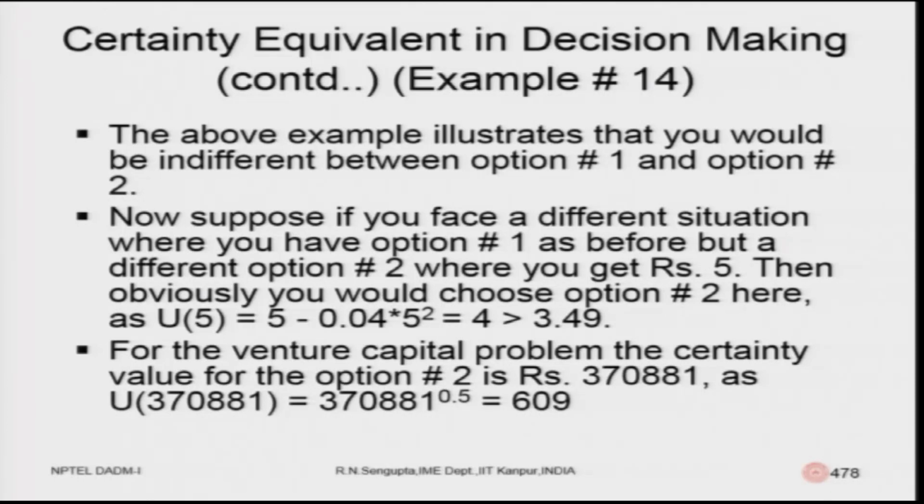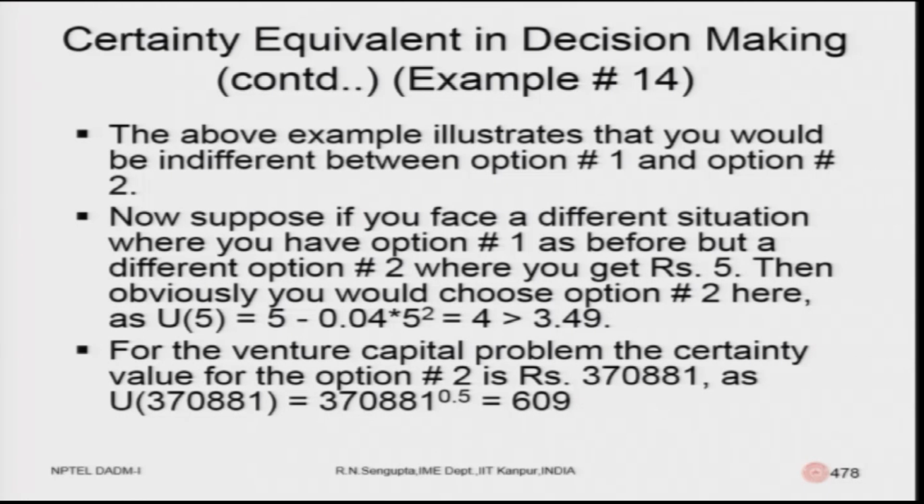Now, suppose you face a different situation, where it is greater or less than c, where you have option 1 as before, but a different option 2 where you get 5. Then obviously you would choose option 2, because in that case the value which you get for the certainty value, if you calculate it, comes out to be 4. So, now 4 would be greater than 3.49.